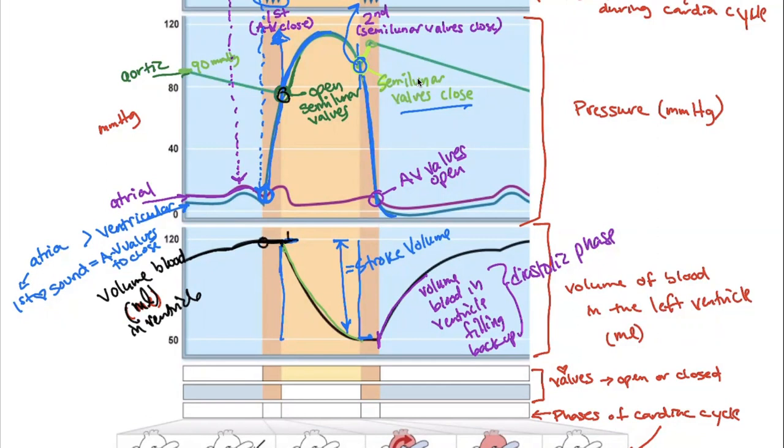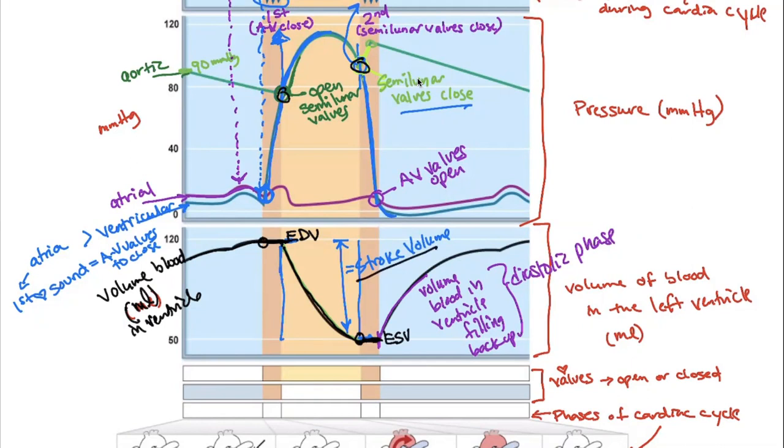And so that is called the end diastolic volume. Then the heart's going to contract and eject the blood out. So the volume's going to drop in the ventricle because it's being ejected out of the heart. And then when the semilunar valves close here, you're going to have no more ejection, and that is your end systolic volume right here.